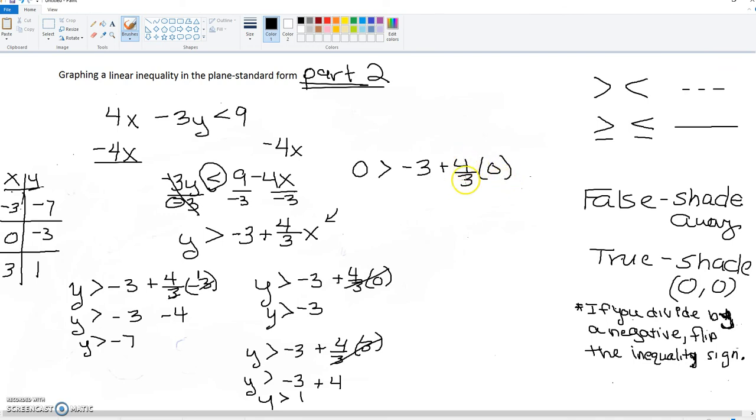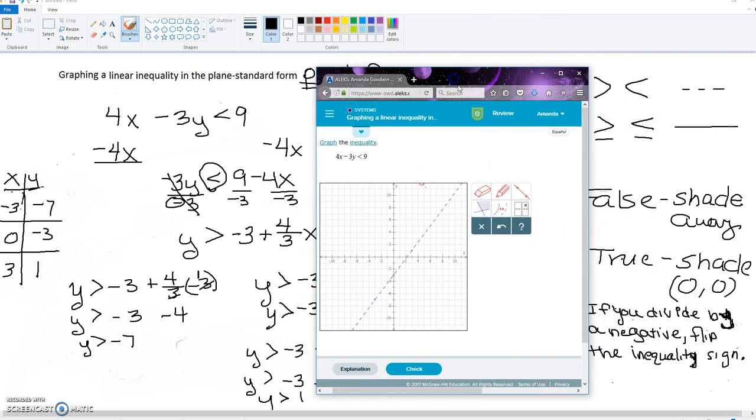And of course, 4 over 3 times 0 is 0. So we end up having 0 is greater than negative 3. And that's true. So since that's true, that means we're going to shade over where 0, 0 is. And then you're going to go ahead and check your answer.